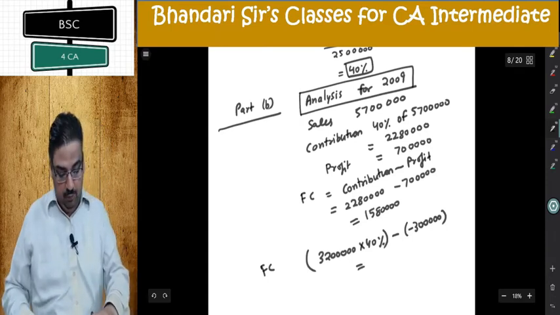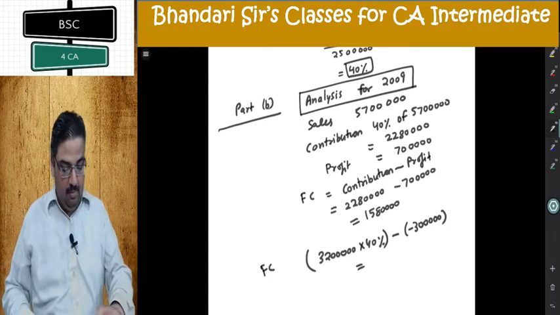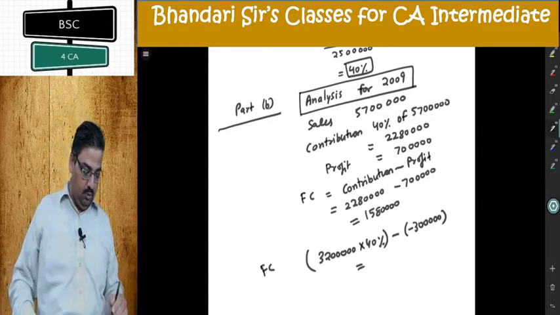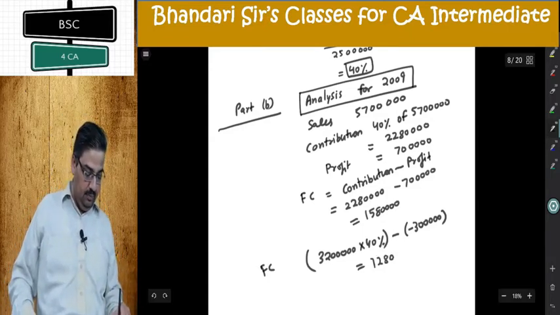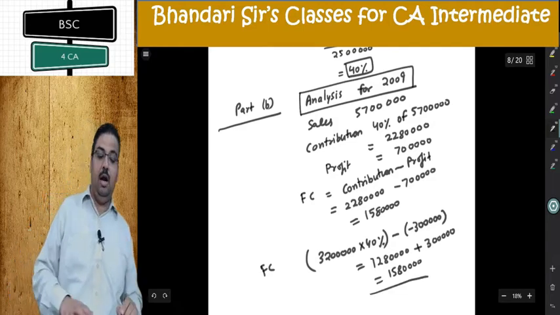So I can compute for you. In exam, only 1 year to be analyzed. 12,80,000 plus 3 lakh. Minus is plus. So it becomes 15,80,000. This is part B of the question.